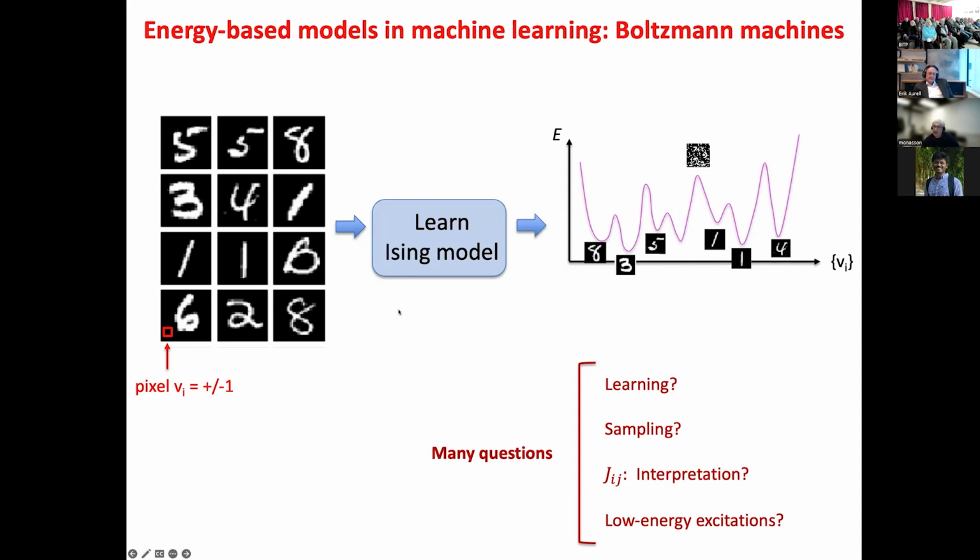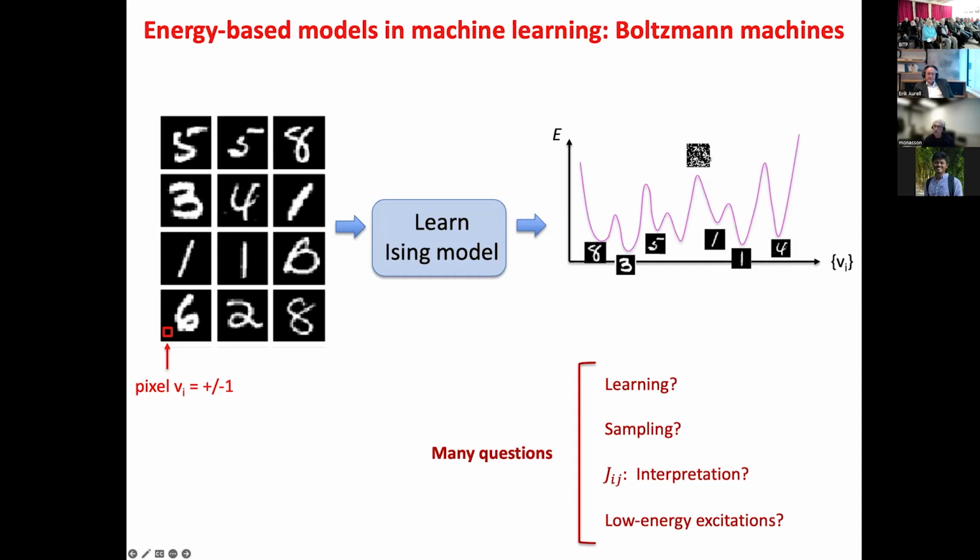So there are 2 to the 784 possible configurations. Then we would like the minima of this energy function to coincide more or less with the data items in the database. And we would like maybe the top of this energy function to correspond to things which are essentially random, that do not look like digits at all, right? There should be some kind of blurry images that we don't care about.